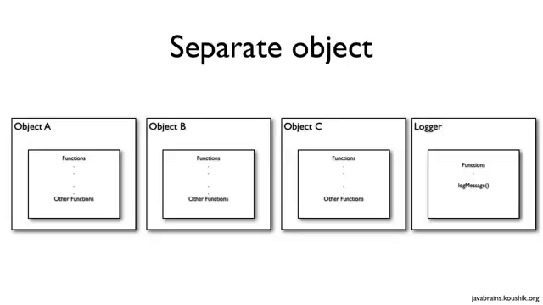Now, if you write this diagram for a design like this, it's very likely that the most important and most connected object would probably not be your business object. It would probably be this logger object, because every object that needs a logger has a dependency on this logger object. So it is not really a good idea to have this kind of dependency on something that is not really a part of your business problem.